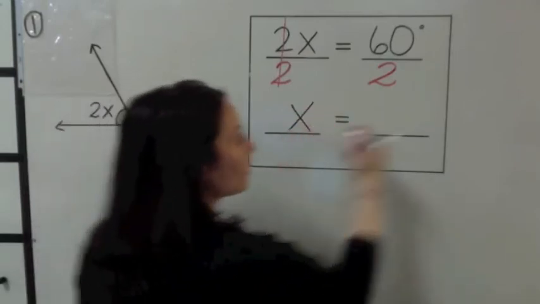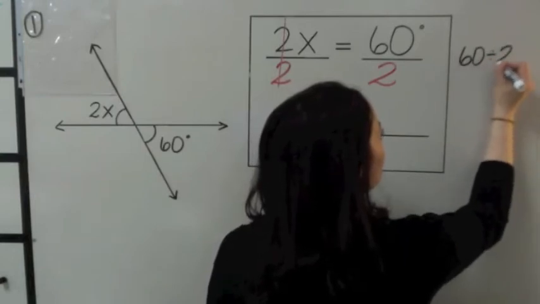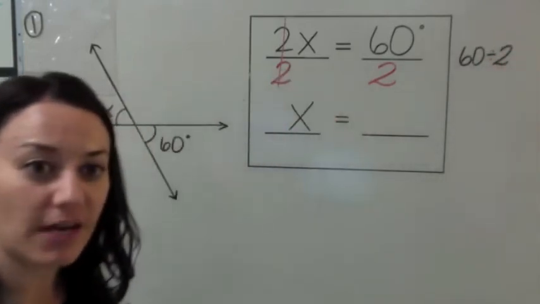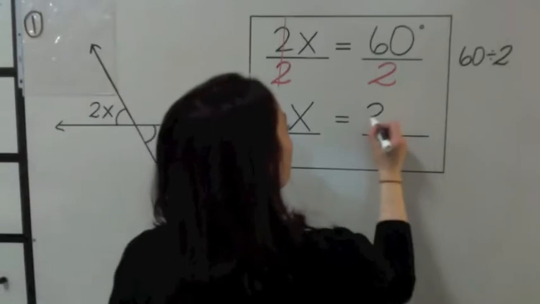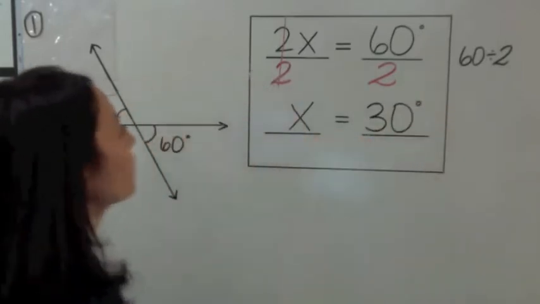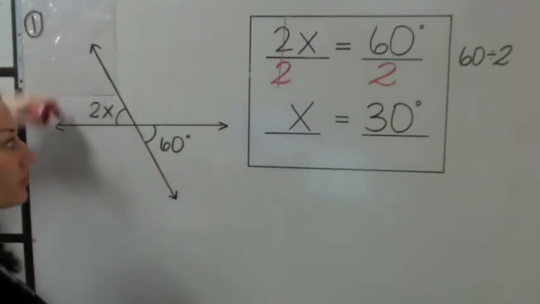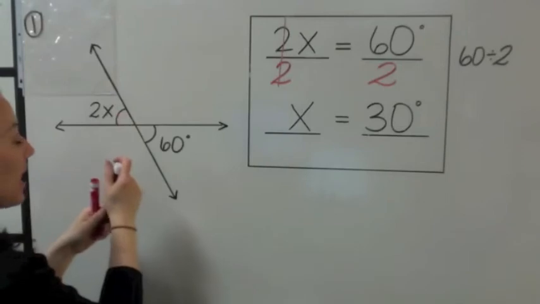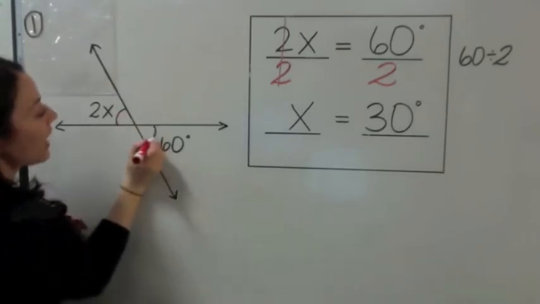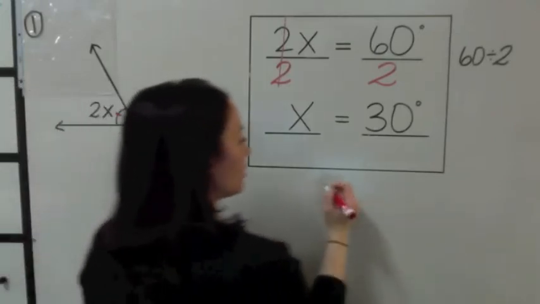In your calculator, you're going to do 60 divided by 2. Can you tell me what that is? 60 divided by 2? It's 30 degrees, okay? So x would be 30, meaning if you had 2 30-degree angles, that would give you 60. And remember that 2 times x, well, what is 2 times x?